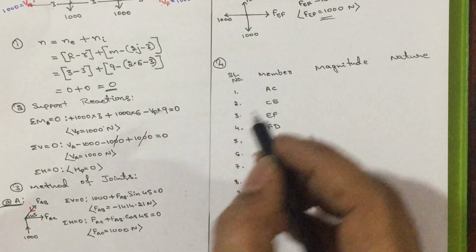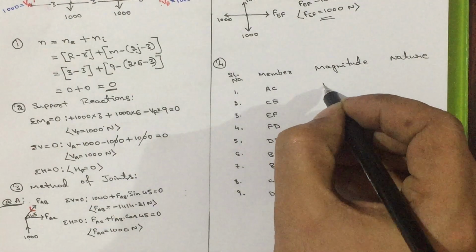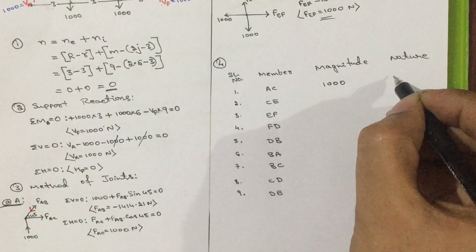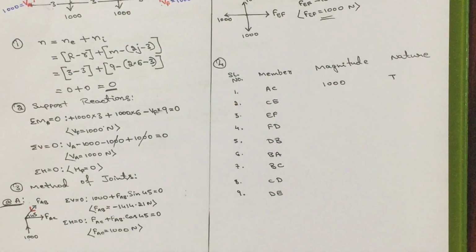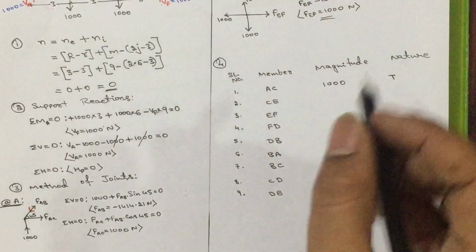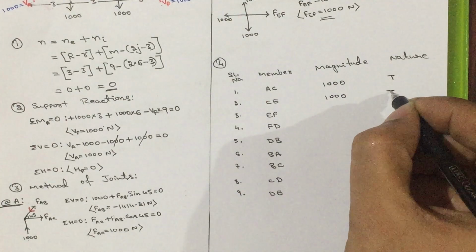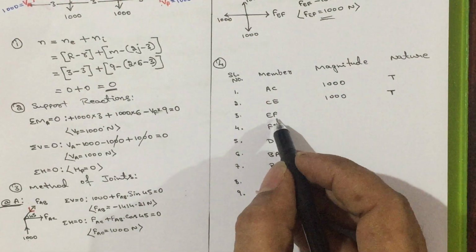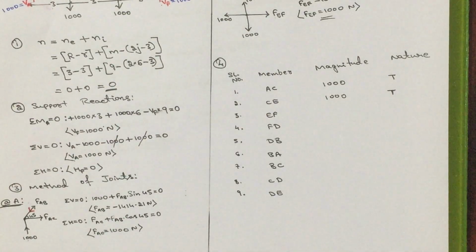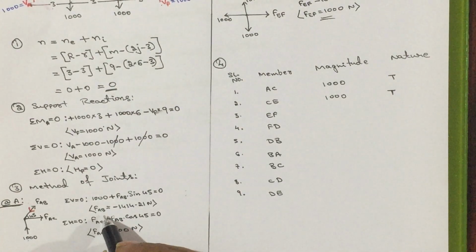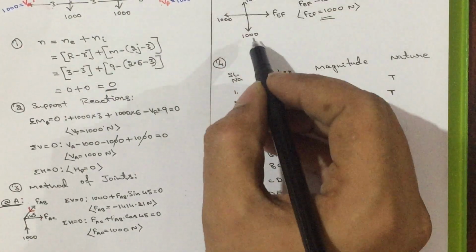First of all, AC I have got it as 1000, so plus 1000, that is nothing but the nature will be tension. Next CE I have got it as plus 1000, so it should be in tension. Then EF or FE, okay, one minute.